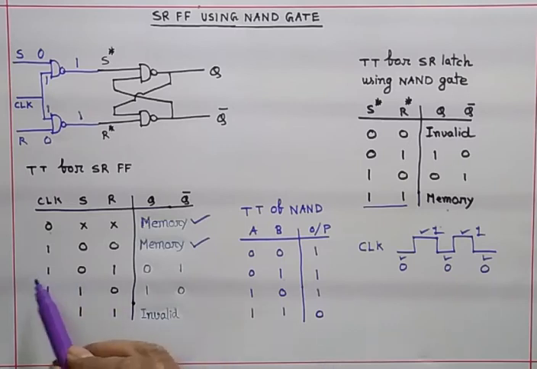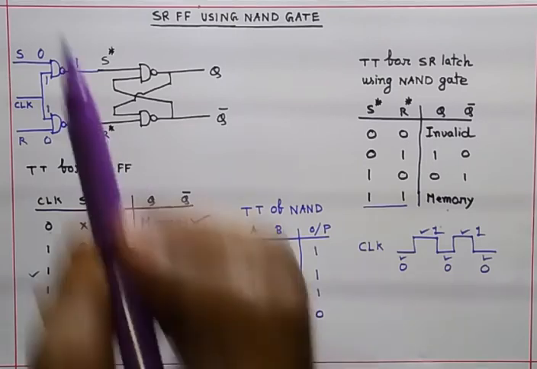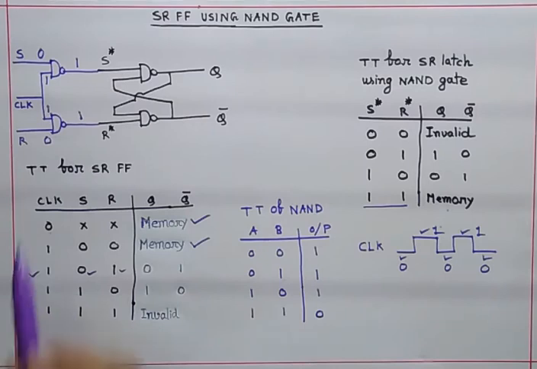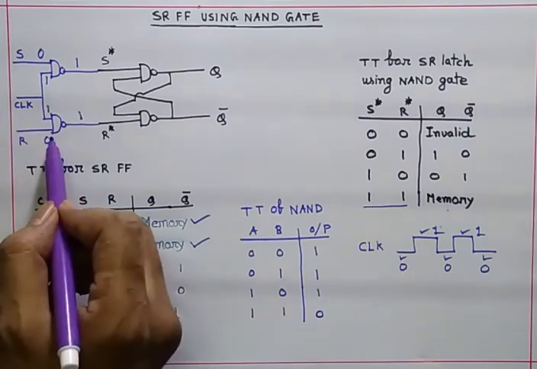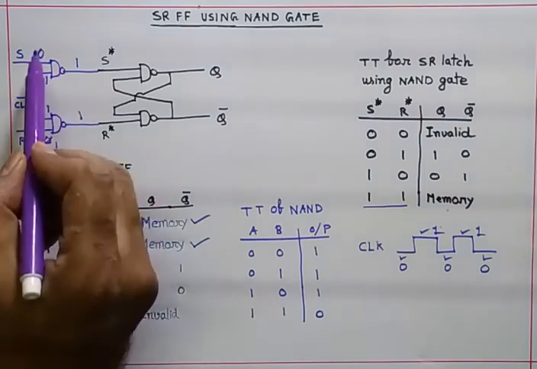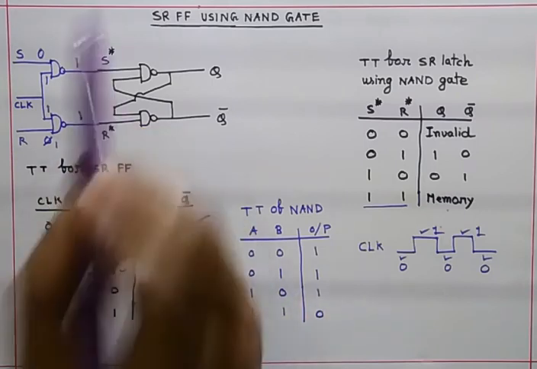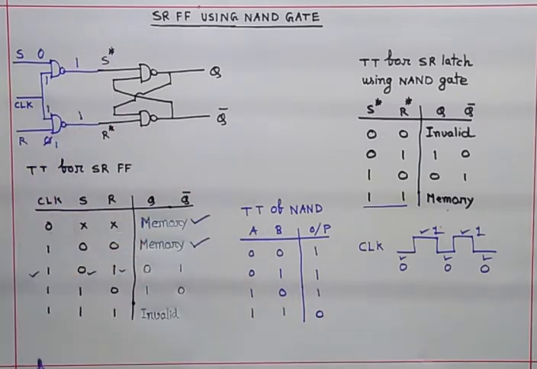Now come to the third case. What will happen when we are giving clock signal 1 and S input 0 and R input 1? Now you are giving S 0, now you are giving R 1. That means for 0 1 the output of the NAND gate is 1, fine, and for 1 1 the output of the NAND gate is 0.